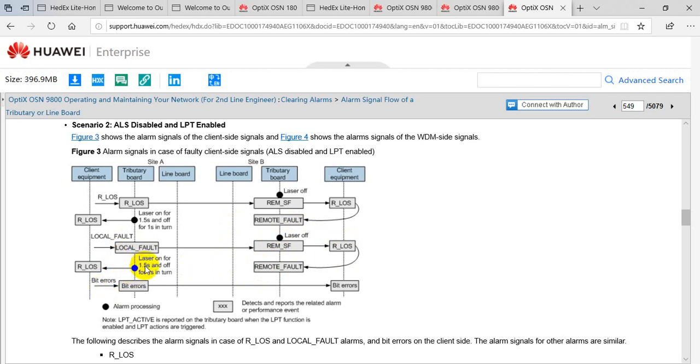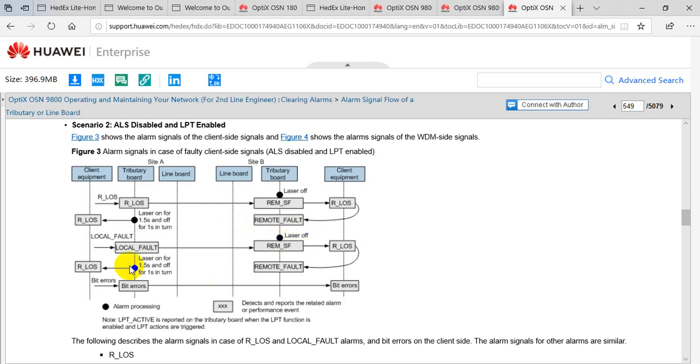So before going to bit error, I can just explain a difference here: in case of LPT the laser will be off on both sides. Maybe at A end it will be on and off, but the laser will be off. In case of ALS, the laser will go off only in the downstream direction.